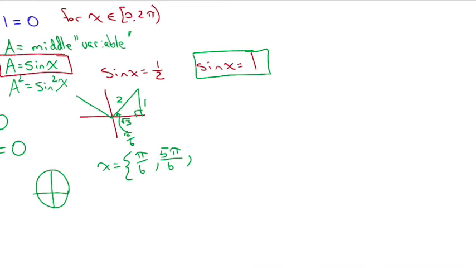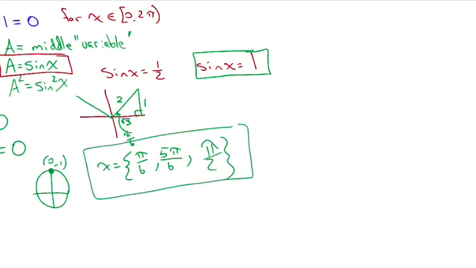Y. So where is y equal to 1? Right there at the top. So what's that angle? Pi over 2. So the last answer is pi over 2, and that becomes the solution to that quadratic equation.